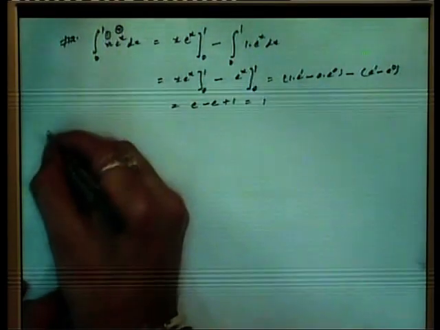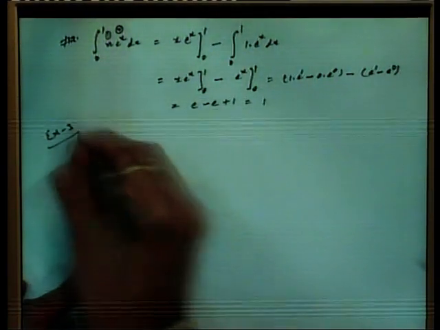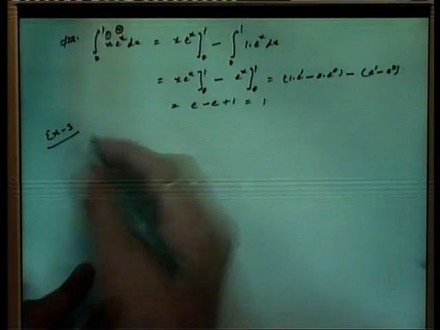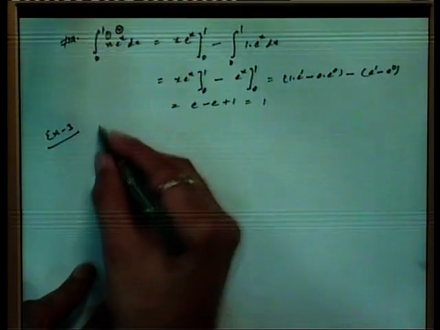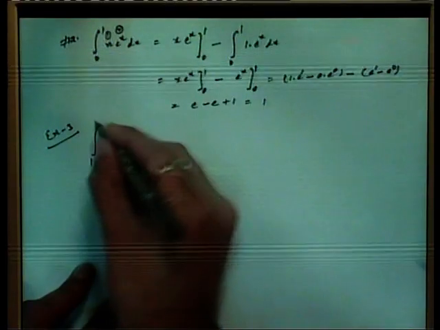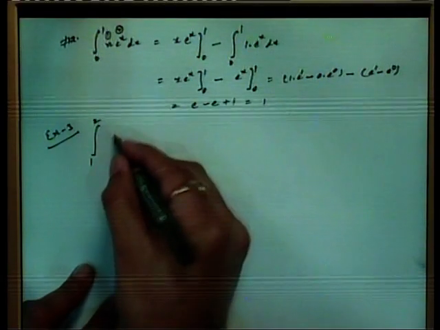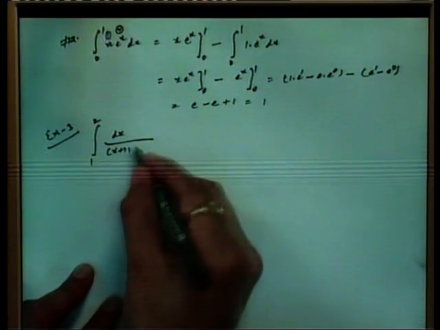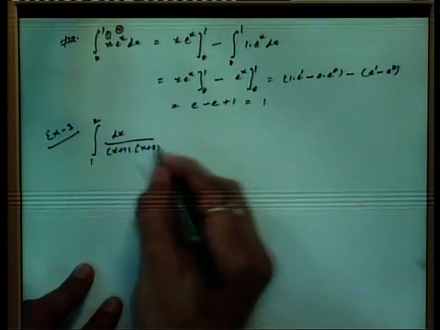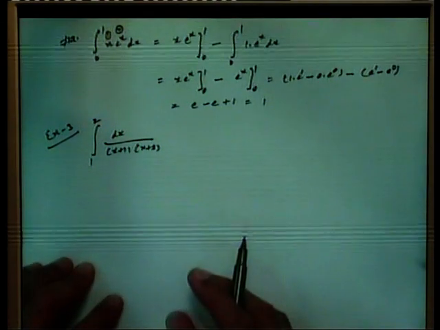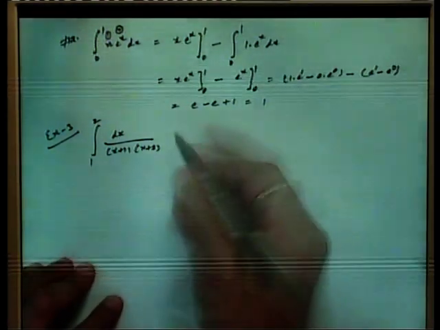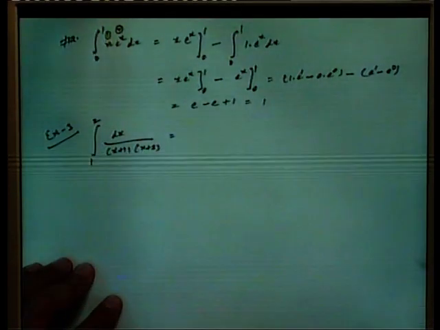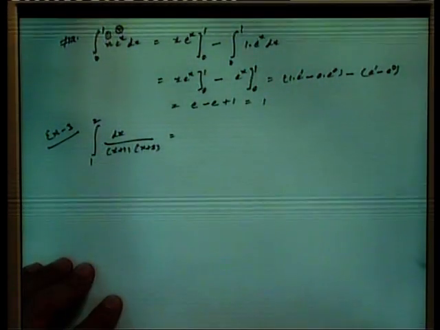Now we will take up another example 3. Very simple example, that is integral 1 to 2 of dx over (x plus 1)(x plus 2). So you can see that from the indefinite integral, this integration can be easily solved by using partial fraction.